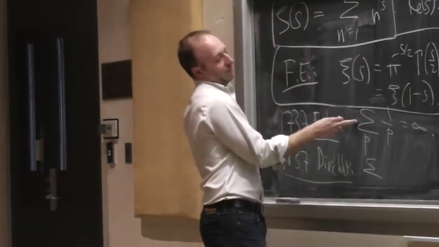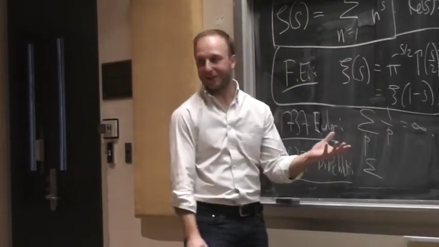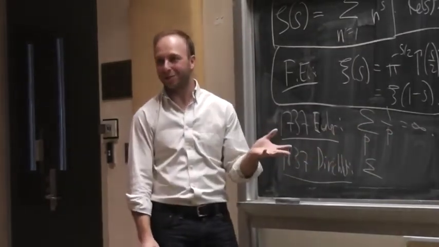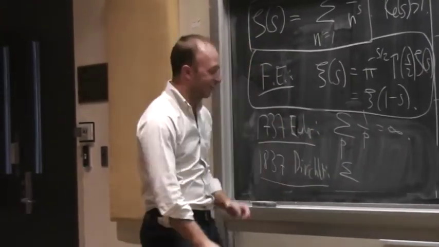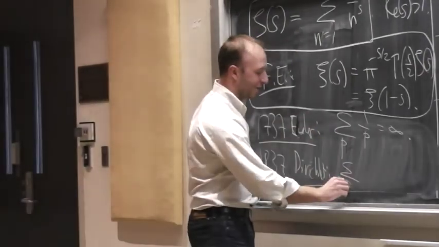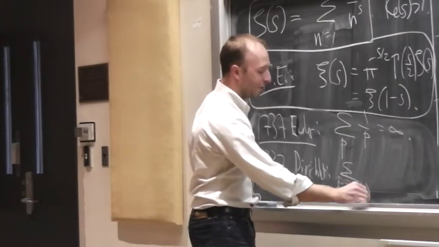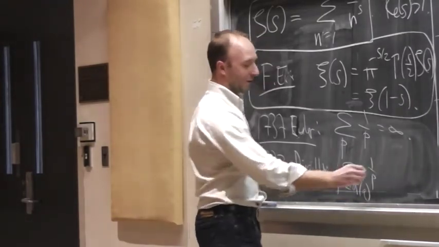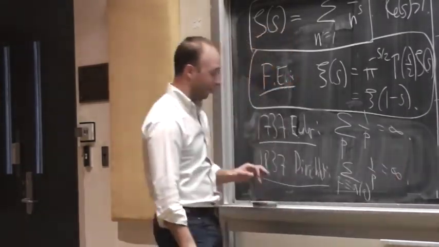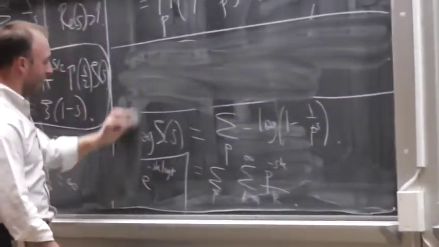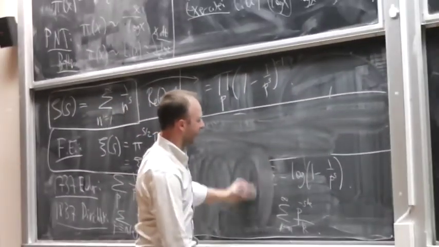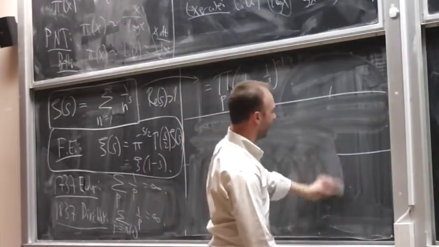This gives a new proof of the existence and the infinitude of the primes, but that was known to Euclid, so that's not that striking. But if you sum the reciprocals of primes congruent to A mod Q with A and Q coprime, this also diverges. This is what Dirichlet proved 100 years later, and then you can prove the prime number theorem with progressions. This is some very weak form of a prime number theorem.